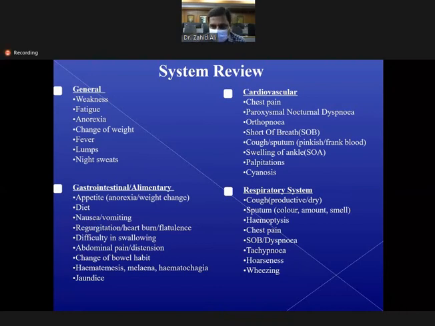This is also very important for you to remember, but you have to elaborate. So these conditions should be known to you: hematemesis, melena, hematochezia, and jaundice. This is very important. Right?